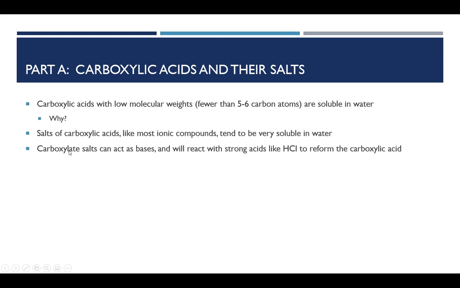Now the carboxylate salts can act as bases, and if they are added to a strong acid like hydrochloric acid, it will reform the carboxylic acid. So, for example, this was the product that we saw in the last slide when we took a carboxylic acid and added sodium hydroxide. That was a weak acid plus a strong base.